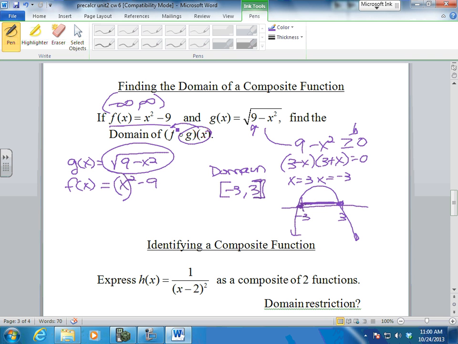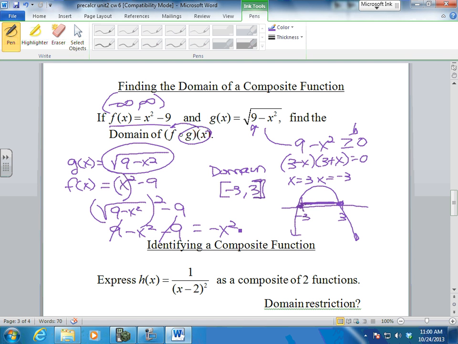So this is not as bad as it looks because even though this is a radical, this is a square. So we've got 9 minus x squared minus 9. And what happens when you square a radical? It comes out. 9 minus x squared minus 9. And we can take these guys out. And your resulting is negative x squared.